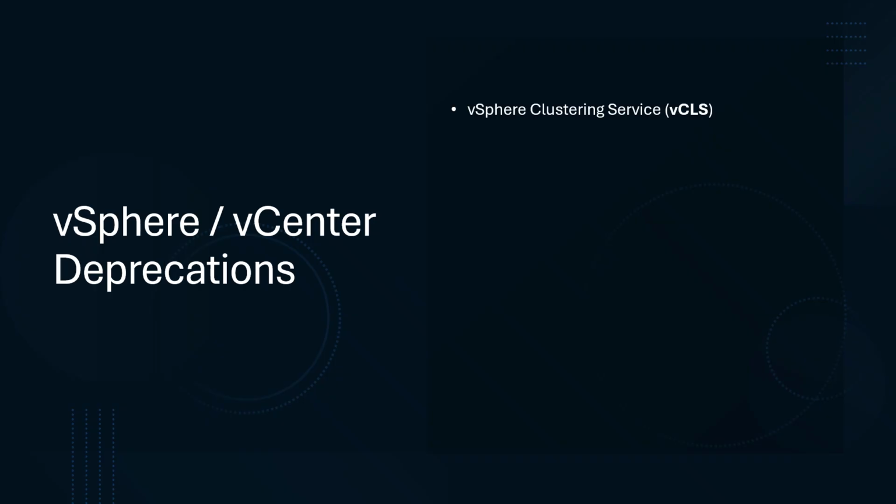So all right, now let's move to the first category of deprecation. This slide focuses only on vSphere and vCenter related deprecations in version 9.0. Before we go line by line, I want everyone to clearly understand one thing. These are not random removals. These are core platform changes.